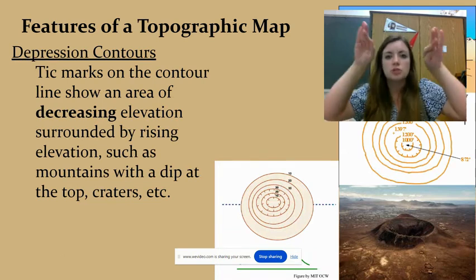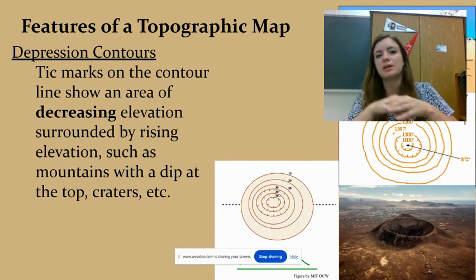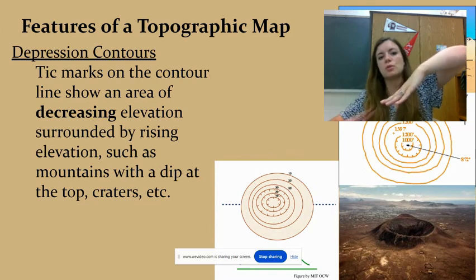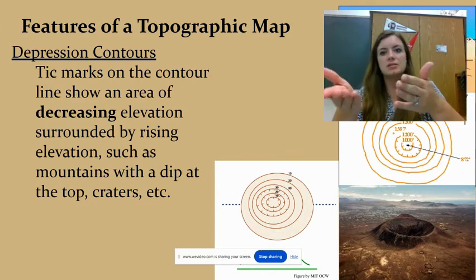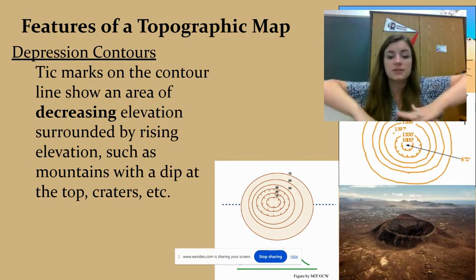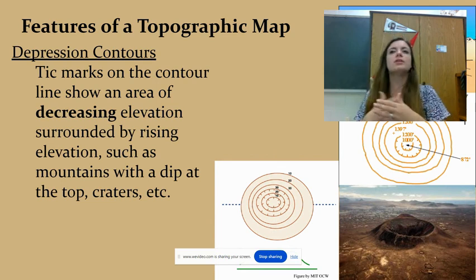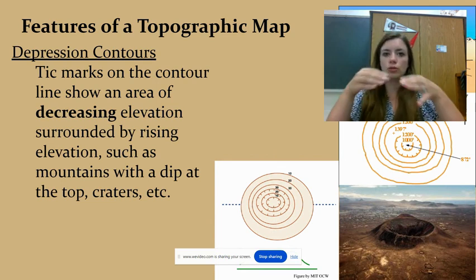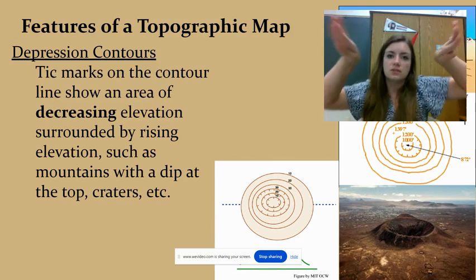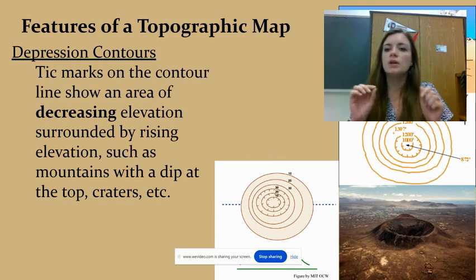So this really shows a depression surrounded by rising elevation, because otherwise you could just show a slope down, but this doesn't slope down. It, from all sides, caves in. So to show a cave in, we use tick marks. And you're really only going to see these in circle formations because, again, that's our cave in that we're seeing, our depression.